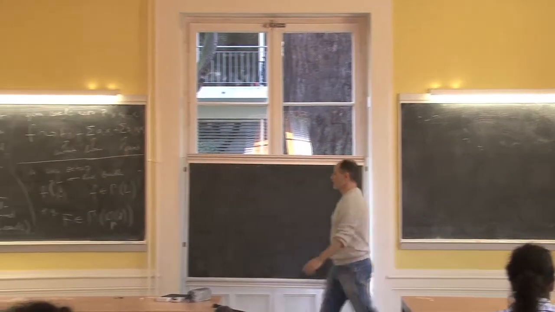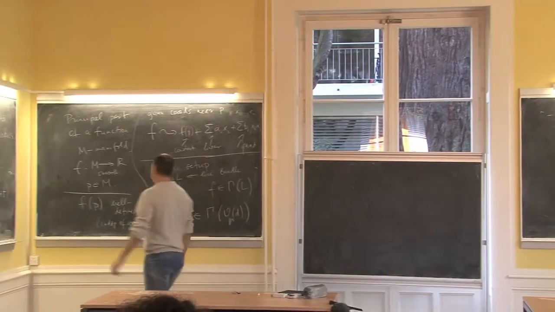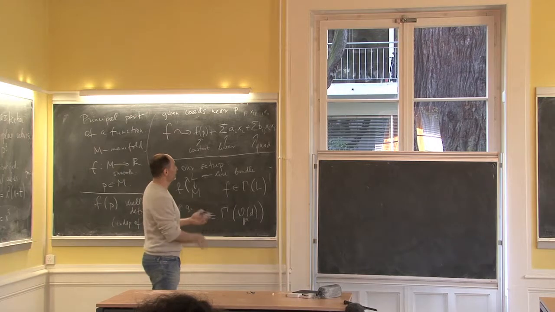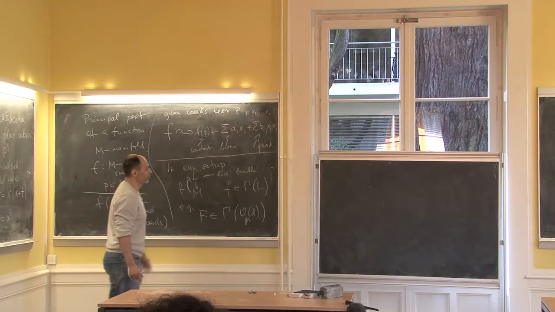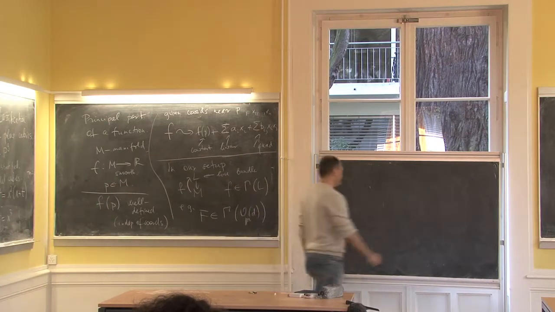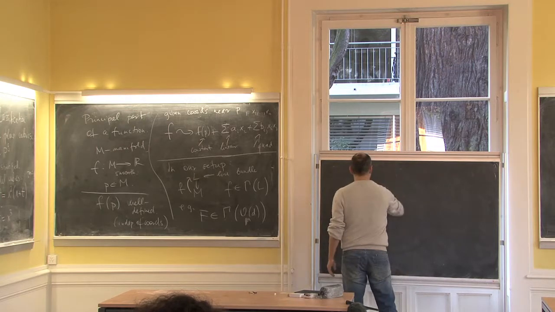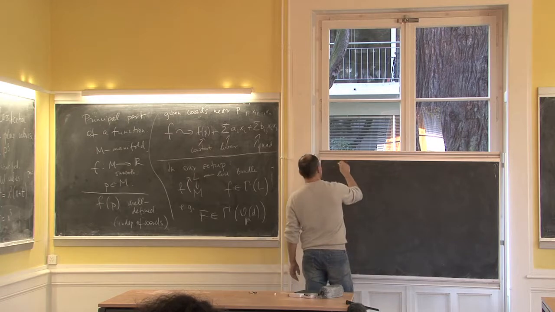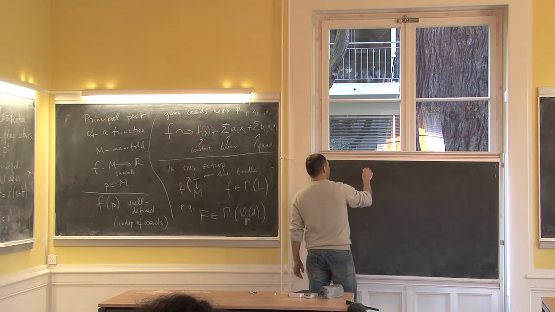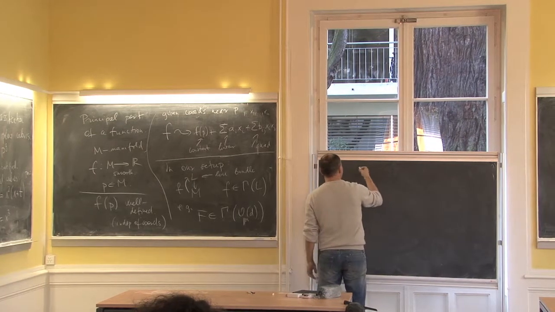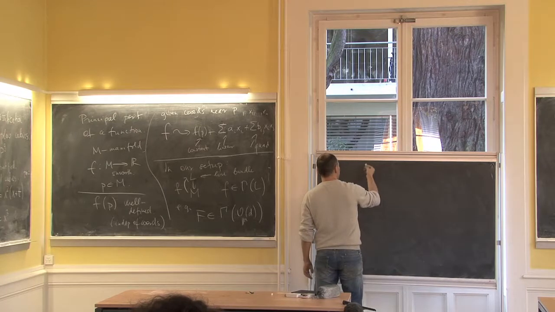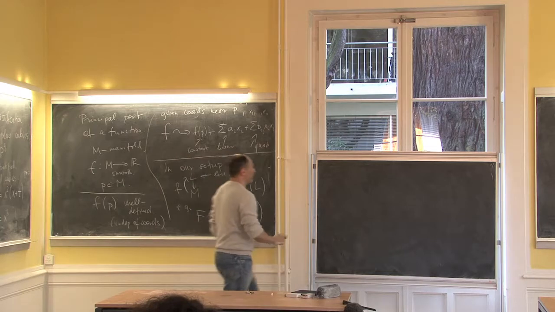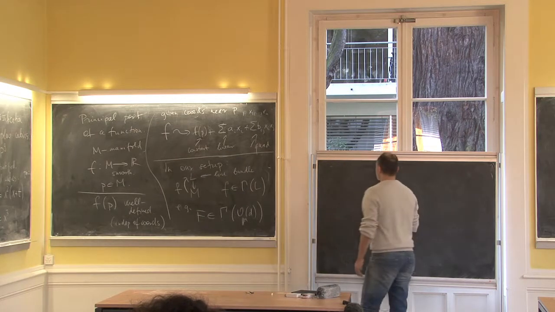But there is something that is well defined, and this is what's called the principal part, and then the parts of higher vanishing. What is well defined is the following. How can I interpret this with values in a line bundle?